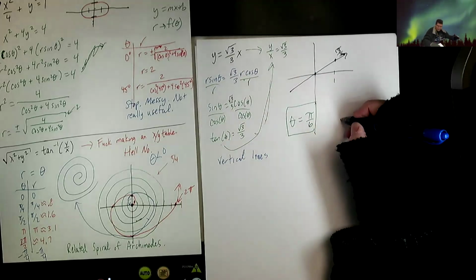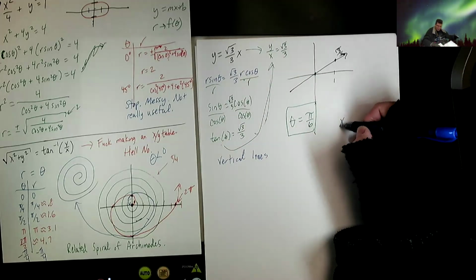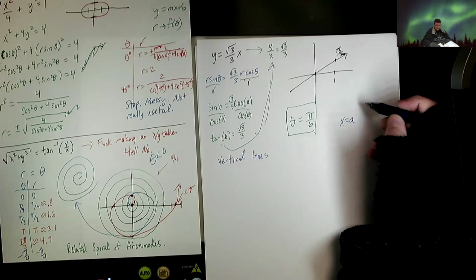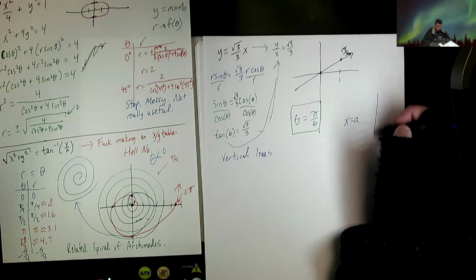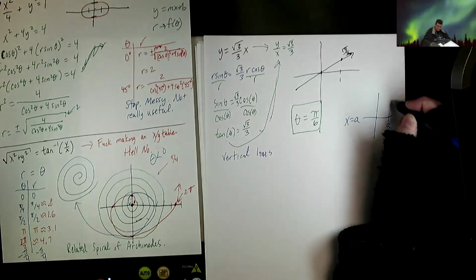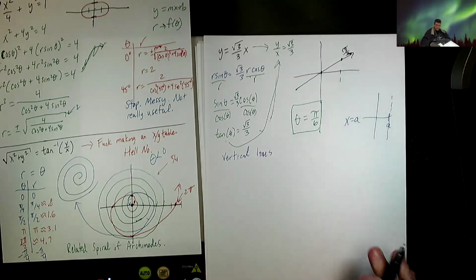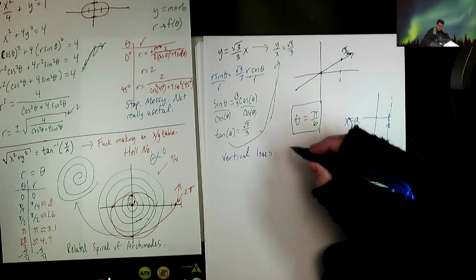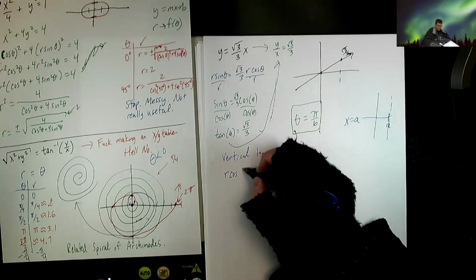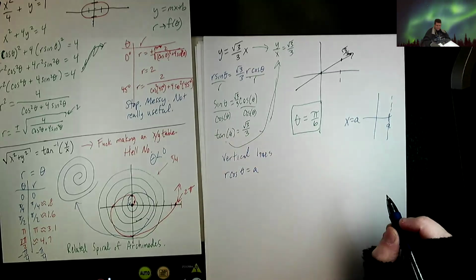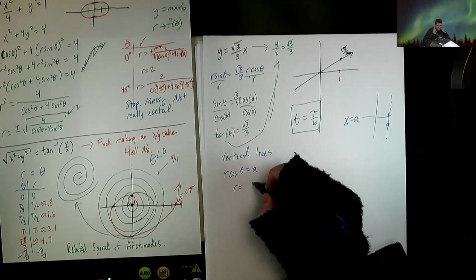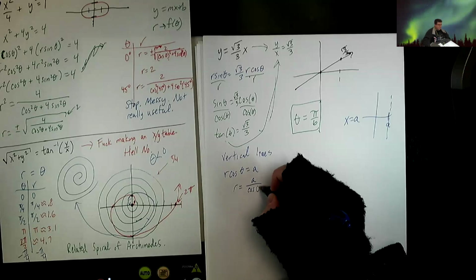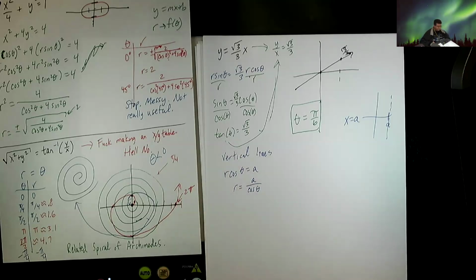Well, a vertical line is x equals a, going down a. And x equals r cosine theta. So r cosine theta equals a. And this is just a mess. Not helpful.